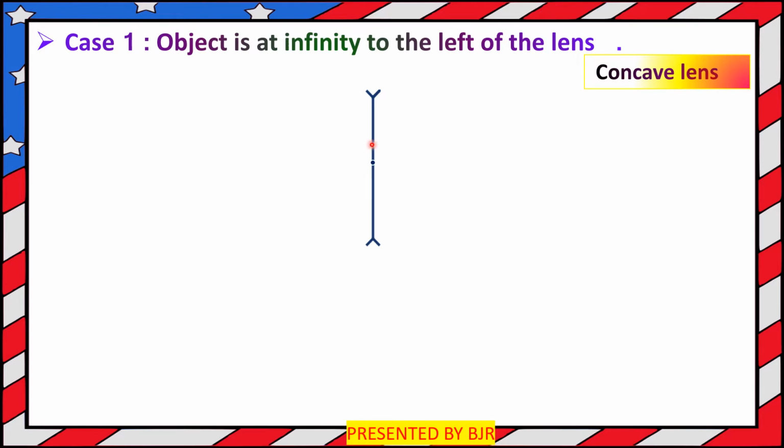Here is a point in the middle, and this point is called the optic center P, and the horizontal line passing through the optic center is the principal axis. C1, C2 are centers of curvature, and F1 and F2 are the focal points or foci.